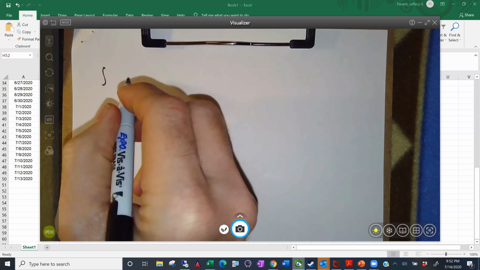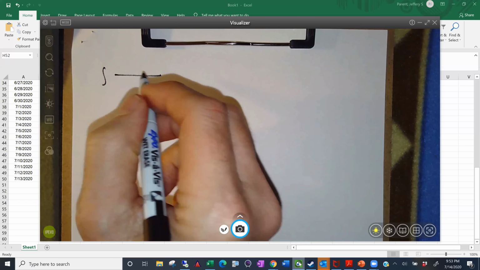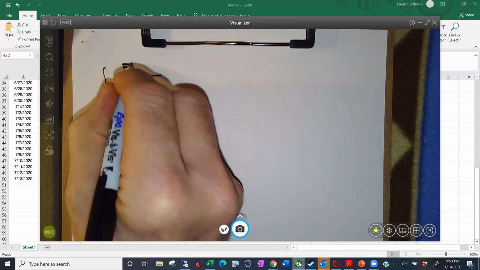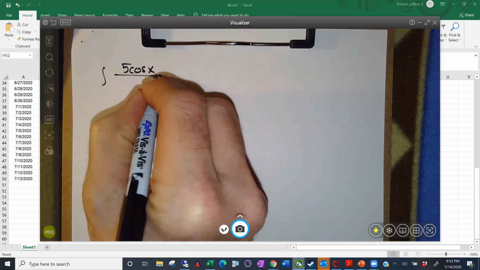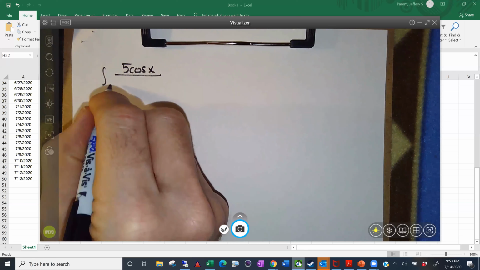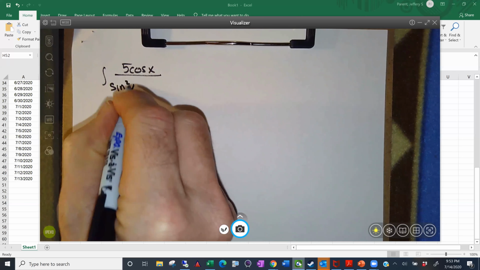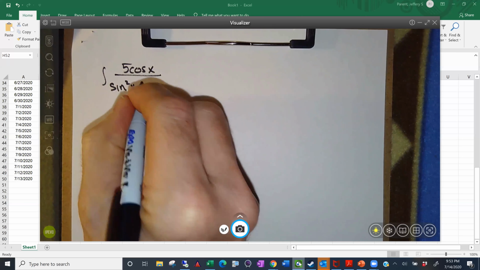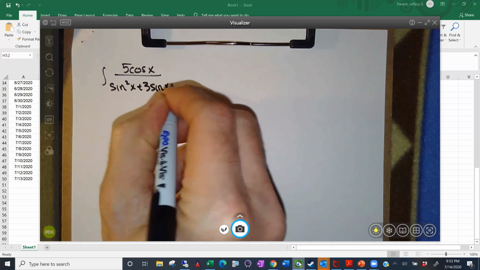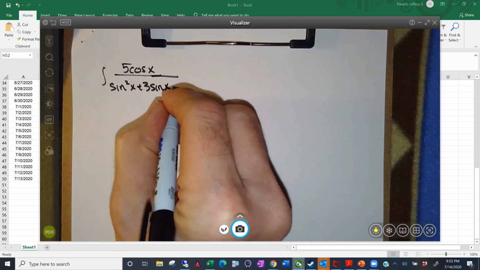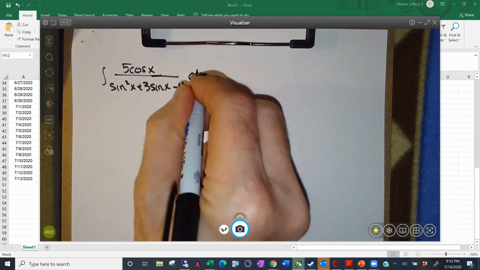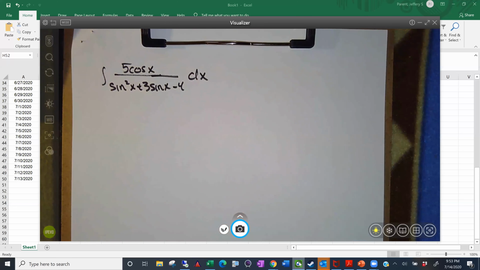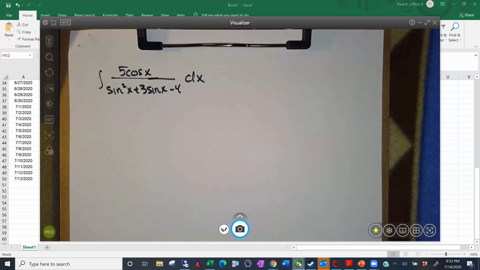So we're going to try and integrate 5 cosine of x over sine squared of x plus 3 sine of x minus 4 dx. Okay, let's roll on that one.